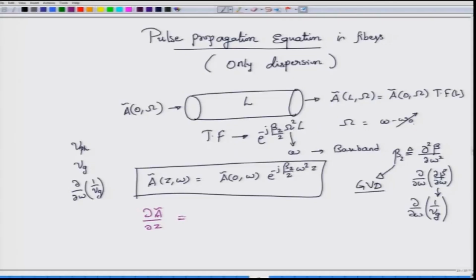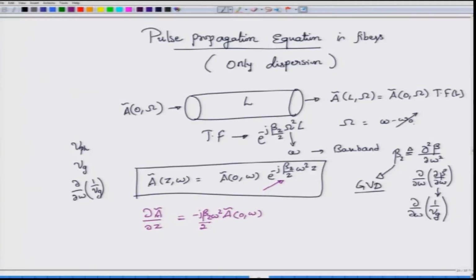The first term is completely independent of z, so it is a constant, it does not get differentiated, it just gets multiplied. When you differentiate the exponential term with respect to z, it will pull out minus j beta 2 by 2 omega square. Please note that the differentiation is with respect to z and not with respect to omega.